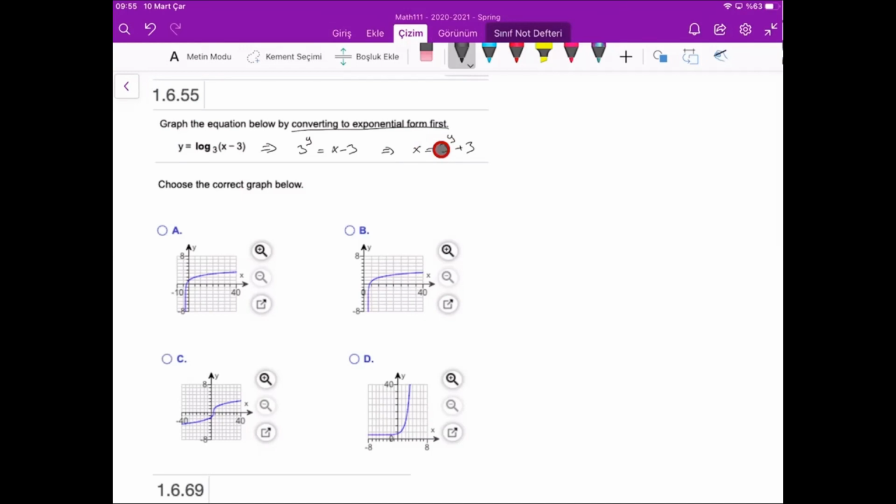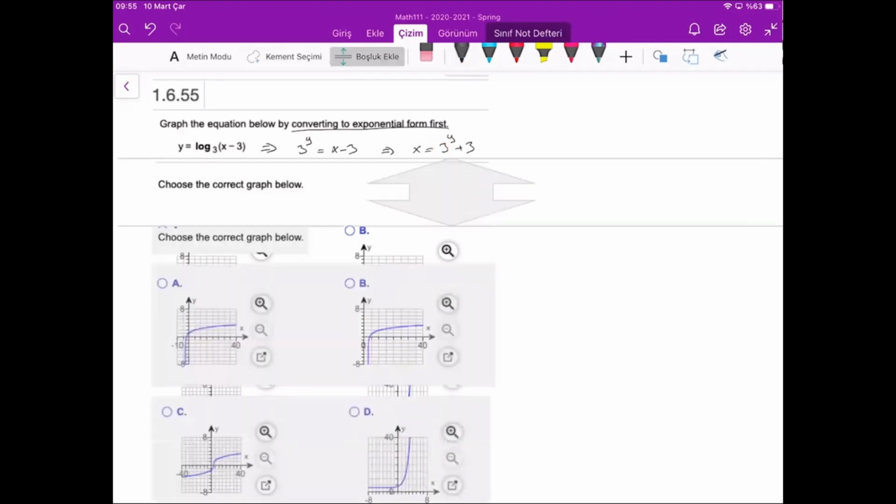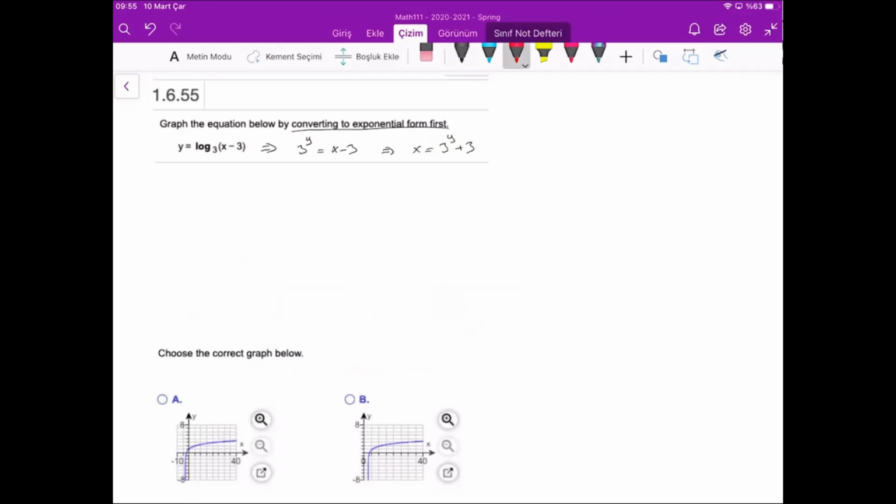Then we will take the symmetry about the y equals x line to find the graph of our function. So this implies y equals 3 to the power x plus 3, the inverse. If this is f of x, what is the graph of the inverse of this? Let's sketch.